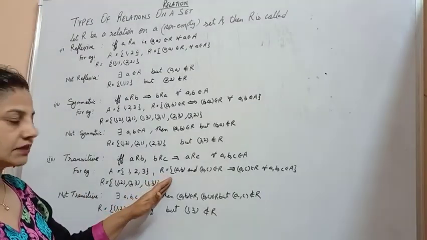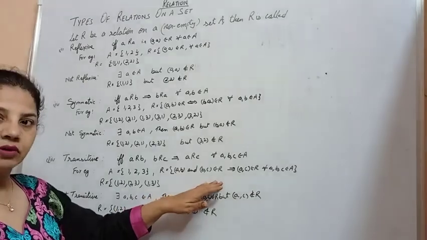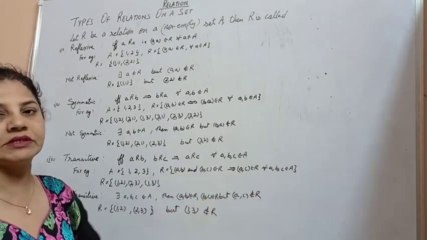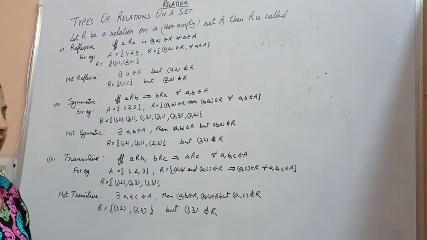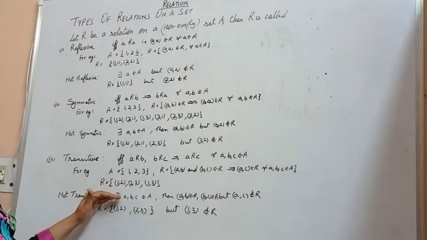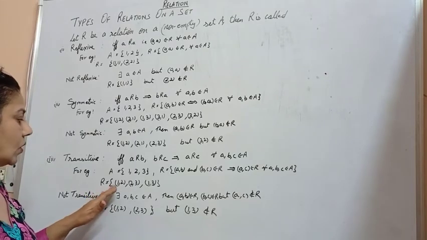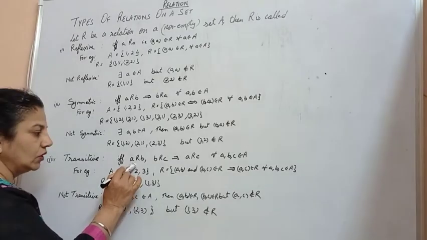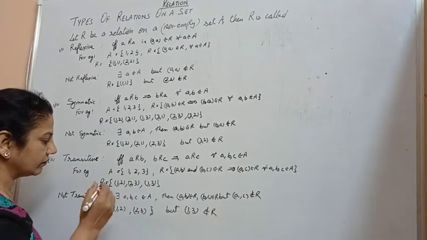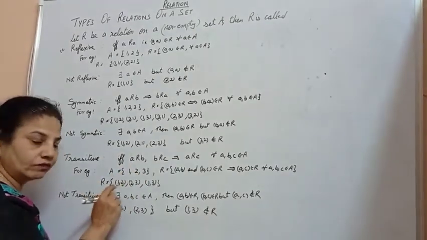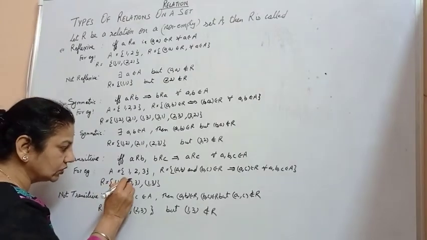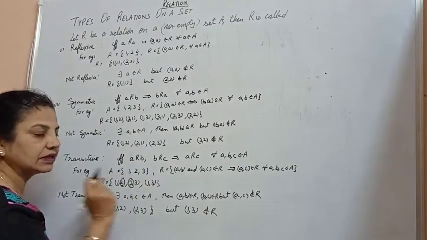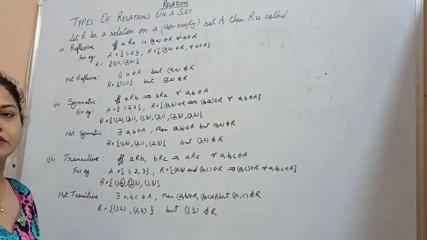Then R is the set where (a, b) and (b, c) belong to R implies (a, c) also belongs to R for all a, b, c belongs to set A. This relation in roster form can be written as: (1, 2) is there, (2, 3) is there, (2, 2) is there, and the extreme elements (1, 3) are there. Then we say this relation is transitive.